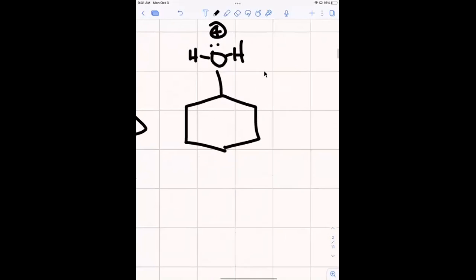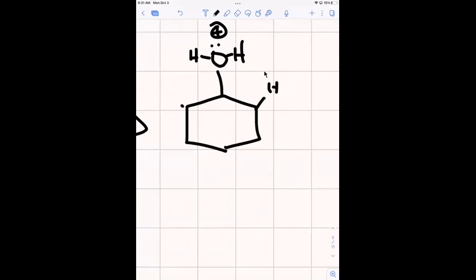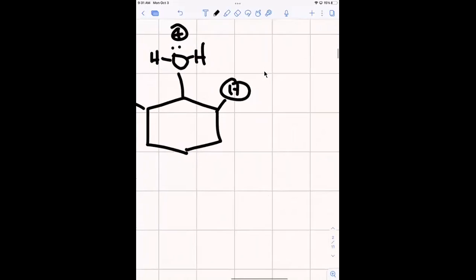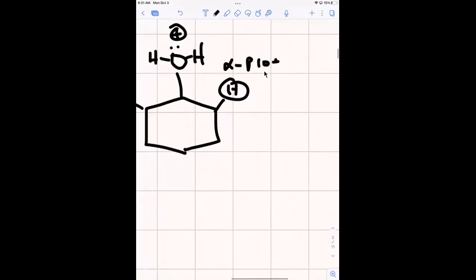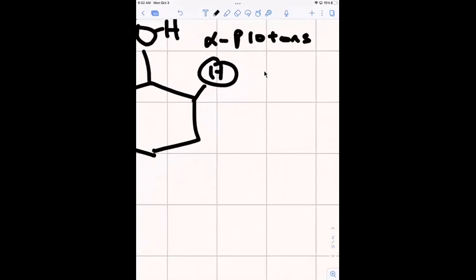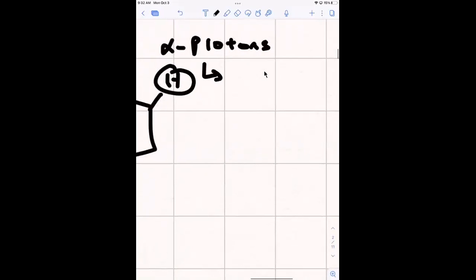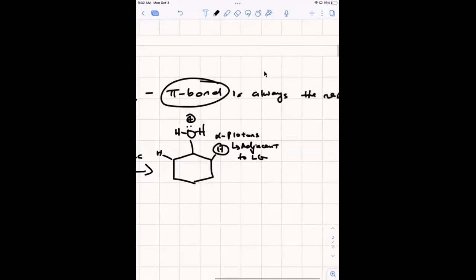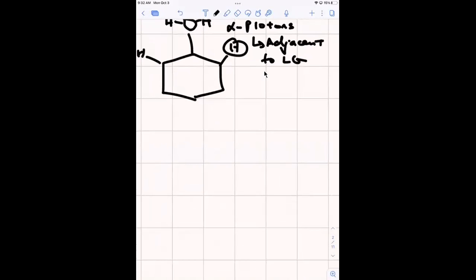So the elimination is going to happen here. It can happen on both sides, but we're just going to pick a side. These protons are what we call alpha protons. In any elimination, those are the protons that get removed in the process, and they're adjacent to your leaving group. Just like substitution, every elimination is going to involve the loss of a leaving group, and it's going to be the rate determining step.